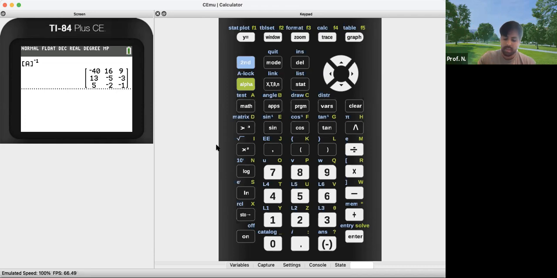Even just doing 3 by 3, you see how much we sweat for this. Imagine 100 by 100. It's a lot of computations. So there are simpler, more computationally efficient ways to solve it, but we're not going to be going through that. We're just doing the basics for now.